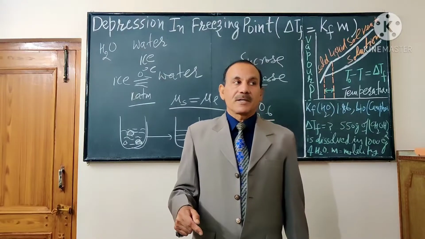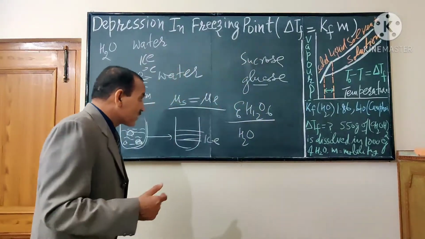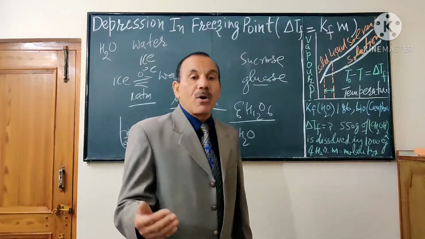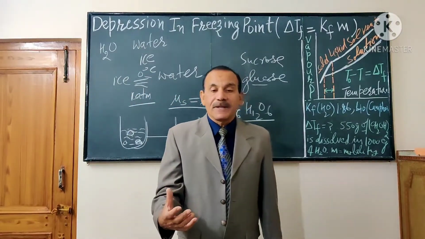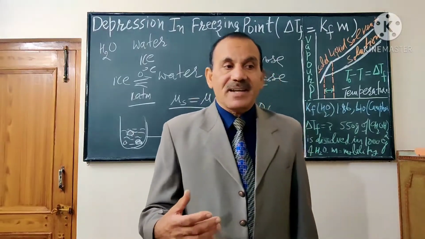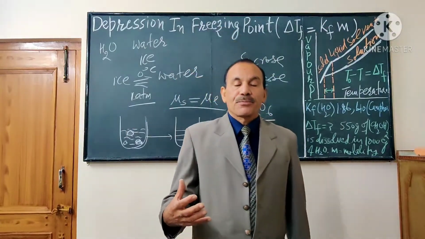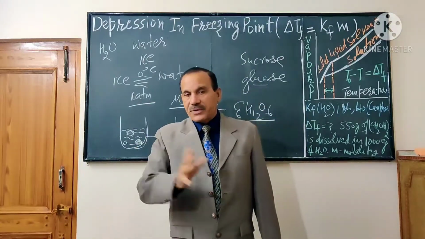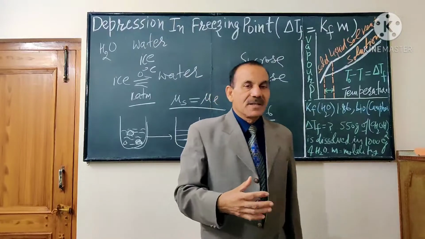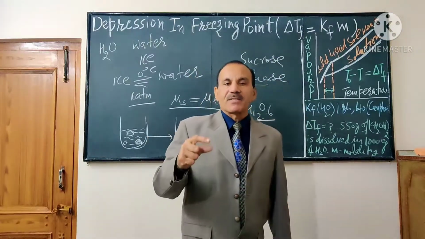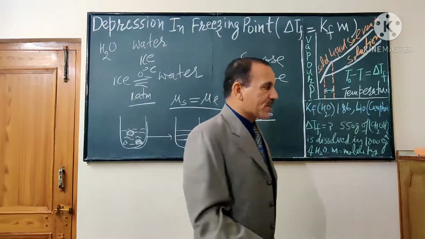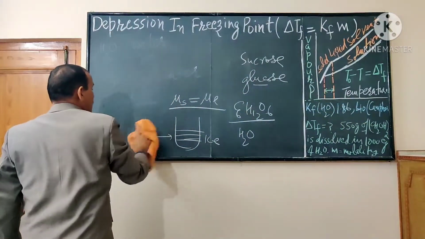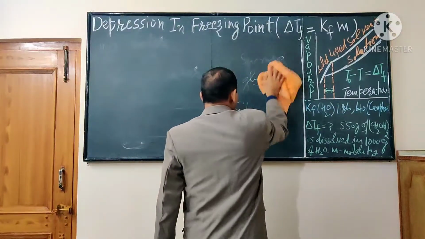This can be represented graphically when we plot a graph between the vapor pressure and temperature of the pure solvent and then the solution. First, let's plot a graph between the vapor pressure of the pure solvent and temperature. The pattern obtained is very simple.